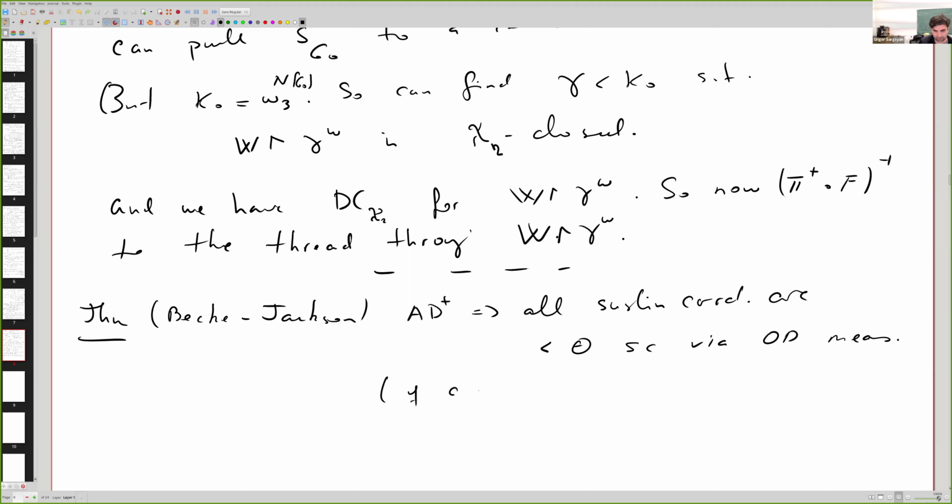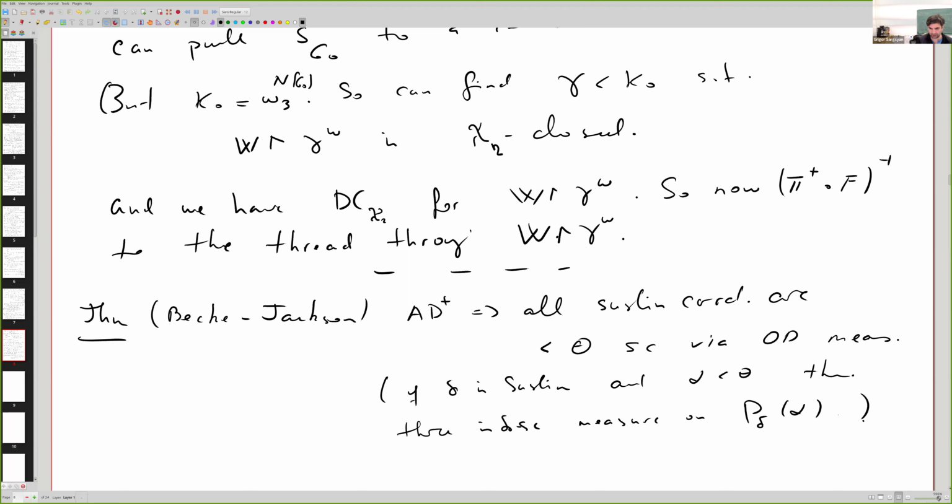If delta is Suslin and alpha is less than theta, then there is a delta super compactness measure on E delta alpha, not on any set, just on ordinals.